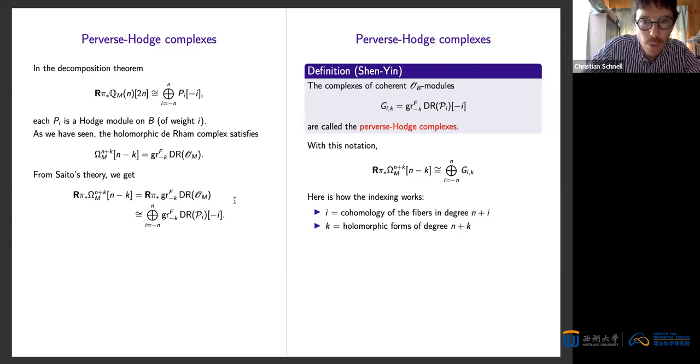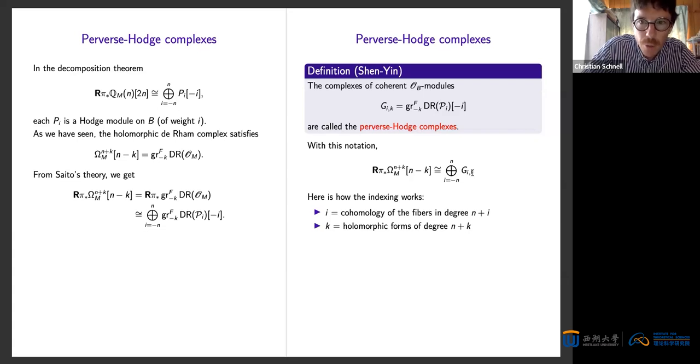They will show up a lot, so notation will be much simpler if I call them G_{i,k}. I can then take this Saito isomorphism here and write it very simply like this. The push forward of the sheaf of n plus k forms splits into the direct sum of these complexes G_{i,k}.